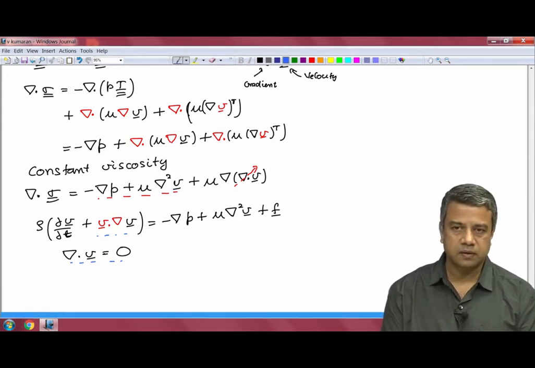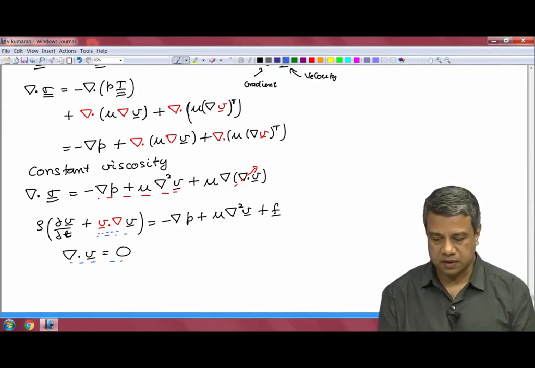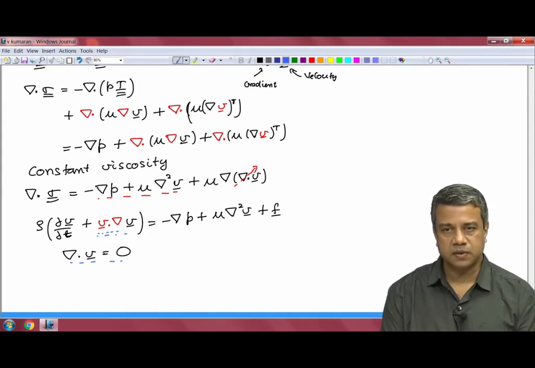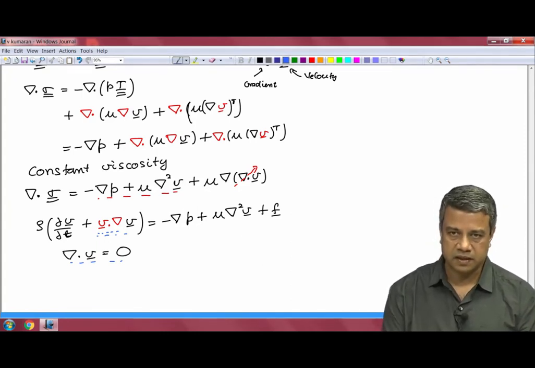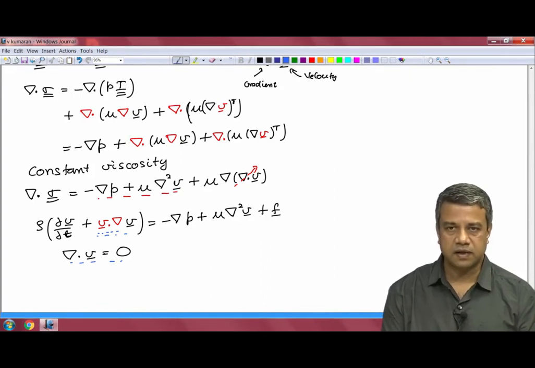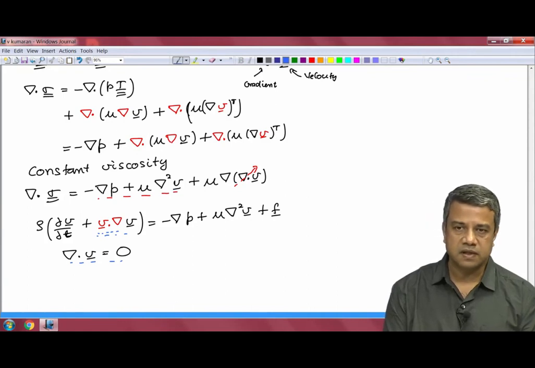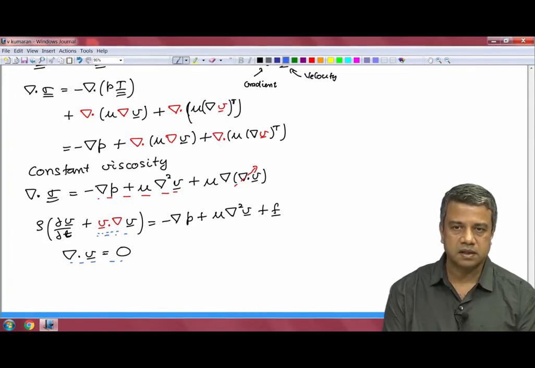The important point to note here, as I have highlighted with my red color, is that in the inertial terms on the left, with the pressure and viscous terms on the right, the dot product is between V and the gradient, and the direction is the direction of the V on the right side. So, the gradient acts on V to give you a second order tensor, the rate of deformation tensor, and the velocity V dotted with that is the nonlinear convective term on the left.